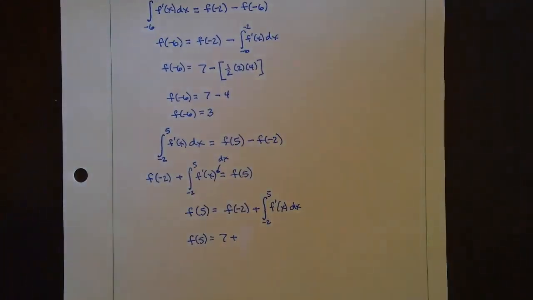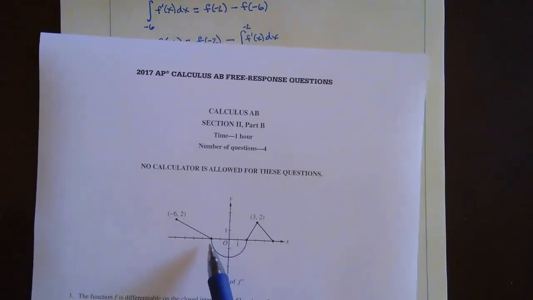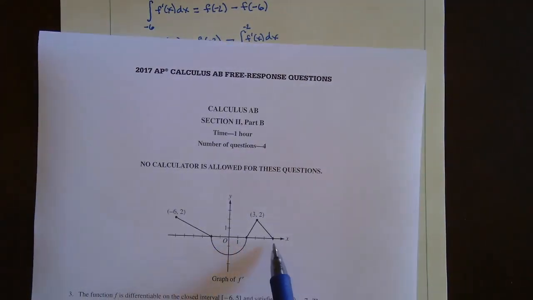Okay, so we want to do the integral from -2 to 5. So from -2 all the way to right here is 5: 1, 2, 3, 4, 5. That's 5 right there. So we want to go from here all the way to here. Now, all of this, because it's below, my function values are negative, and I'm integrating left to right, so all of this is going to be negative area.